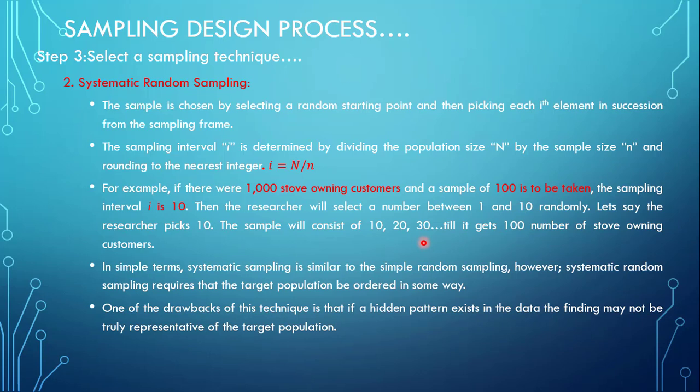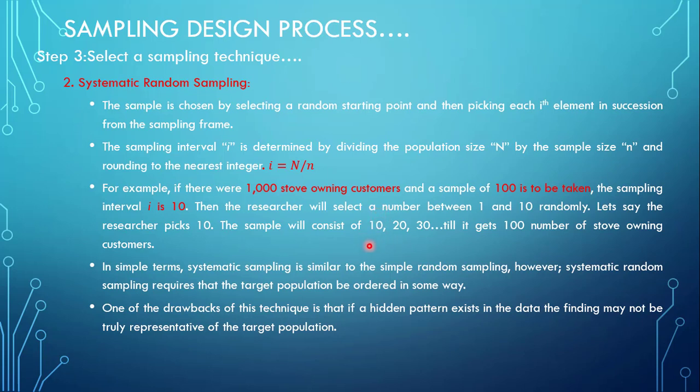But what if the customer at the 10th position is out of reach? Then you go down one and select number 9. The customer at number 9 will be included in the research, or you add one and the customer in the 11th position will be included in your research.